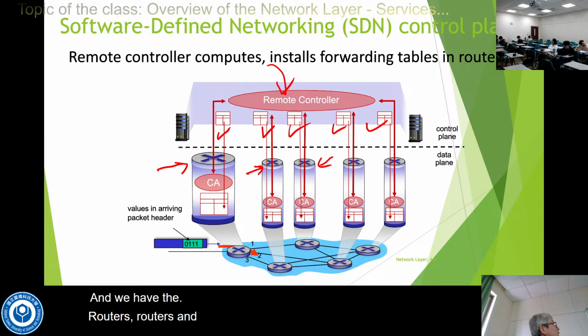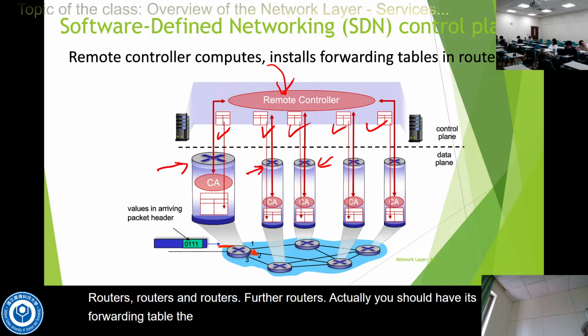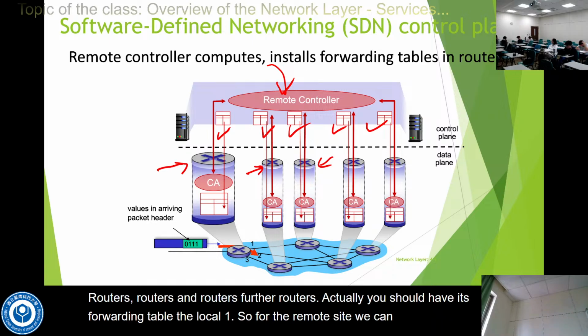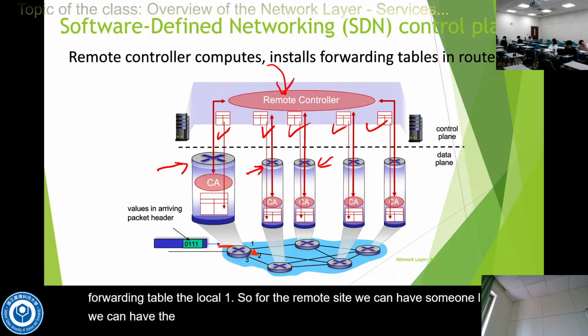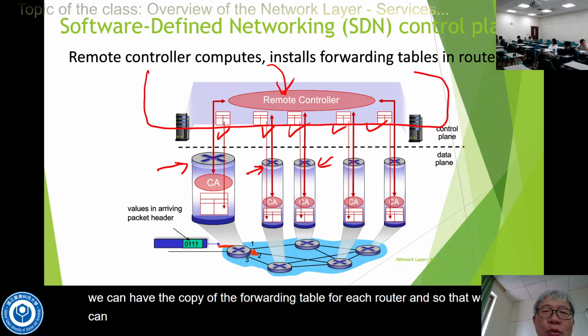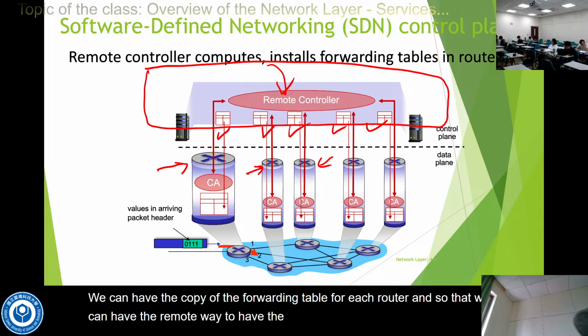For the routers, you should have the local forwarding table. For the remote side, we can have a copy of the forwarding table for each router, so that we have remote control. This control we call the ICN control plane.